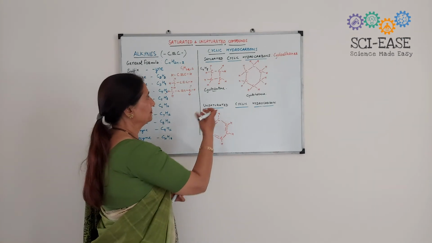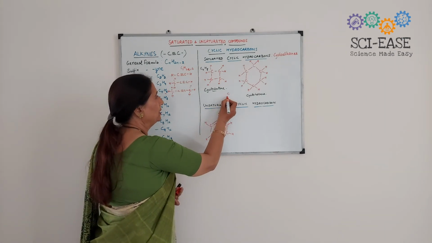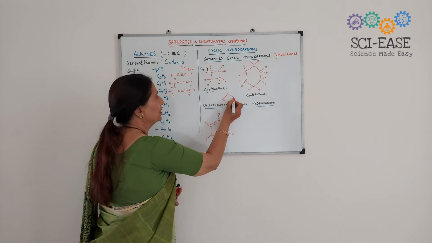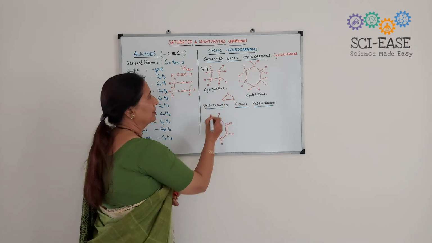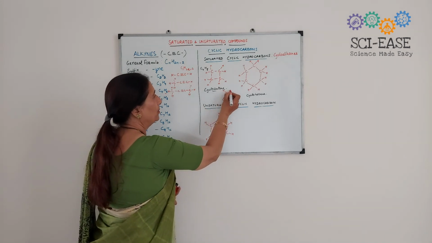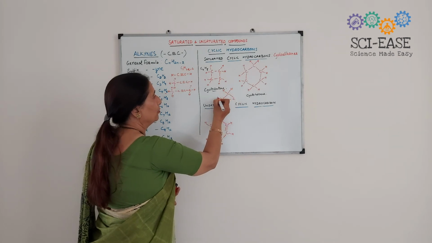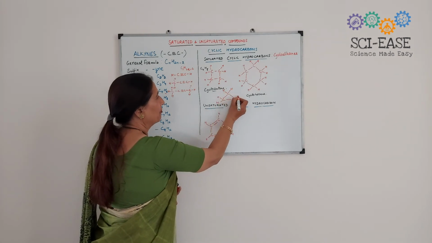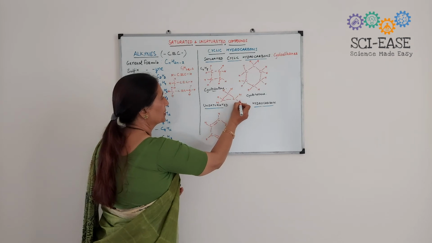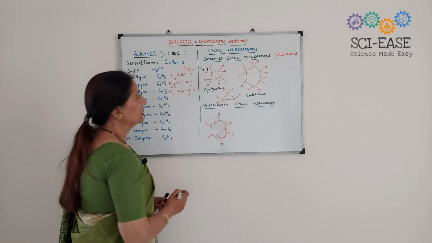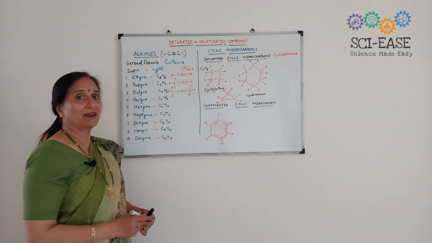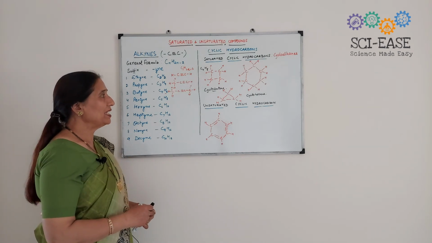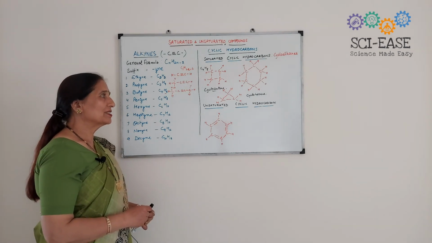You can write 1, 2, 3. Now, how many hydrogens? Fulfill the tetravalency. So, it is cyclopropane, C3H6.